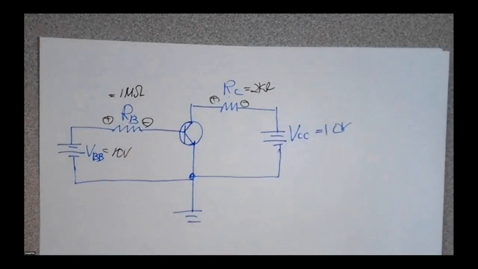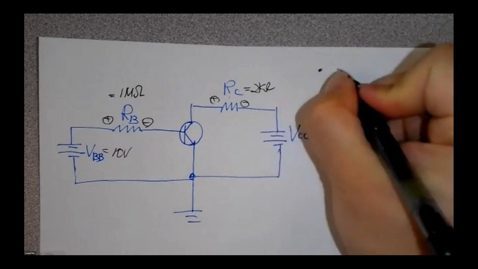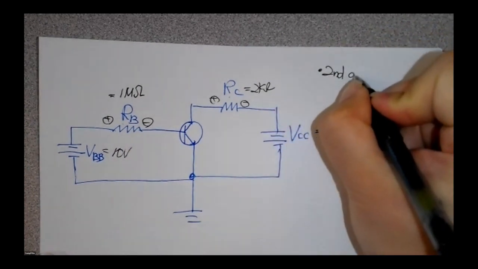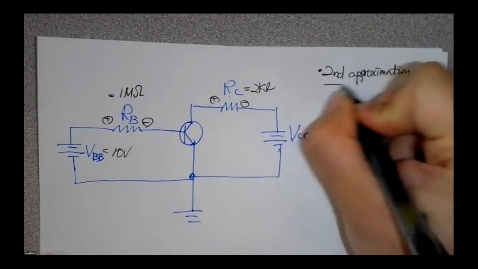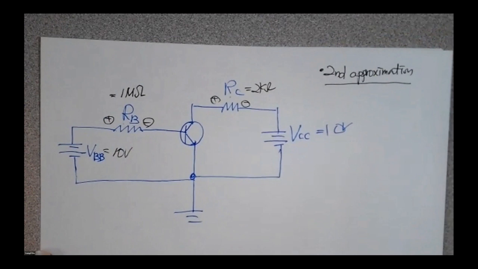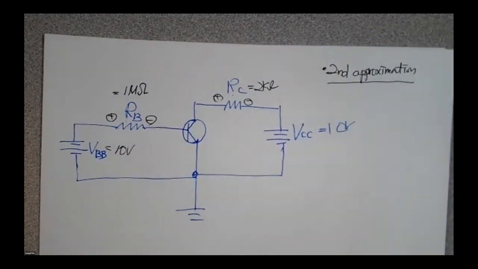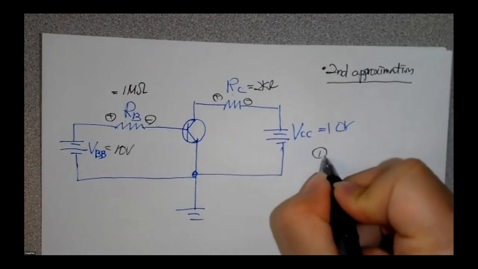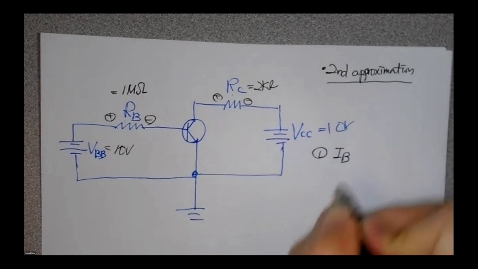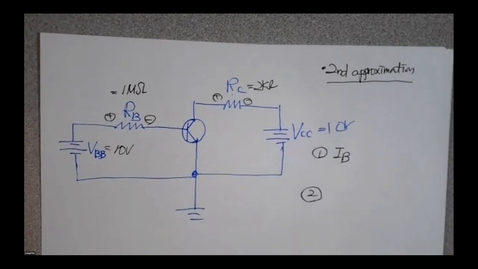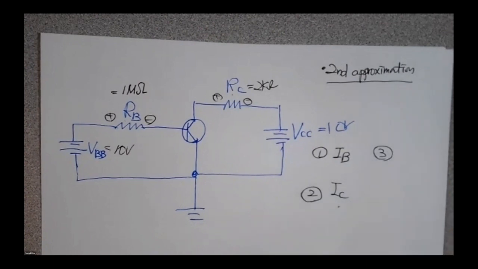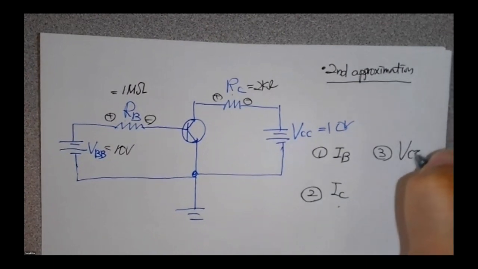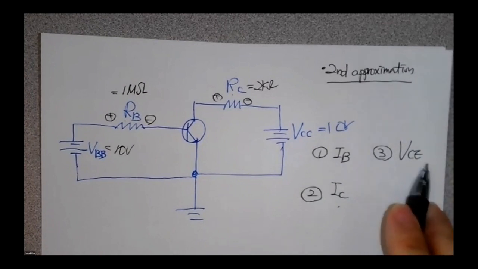So that was the second approximation case. So we are looking for what is the base current and what is I sub C, the collector current, and what is V sub CE, the voltage between the collector and emitter side.